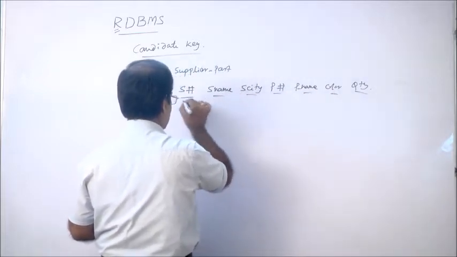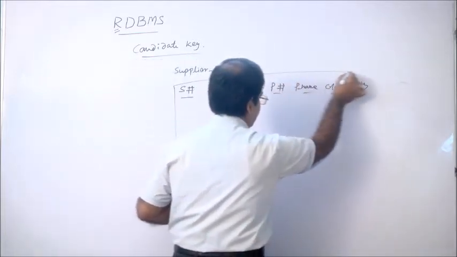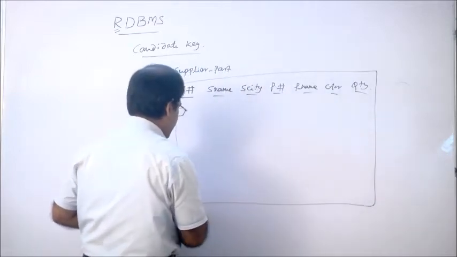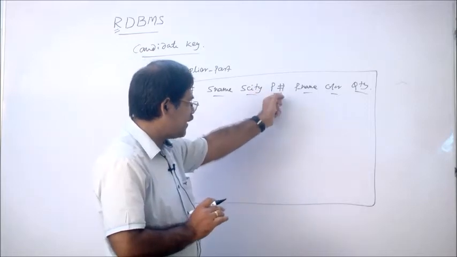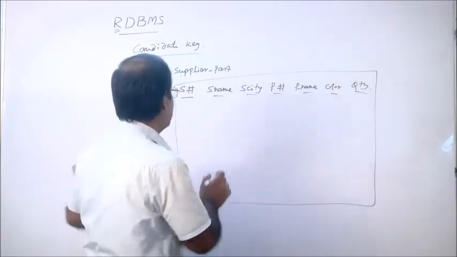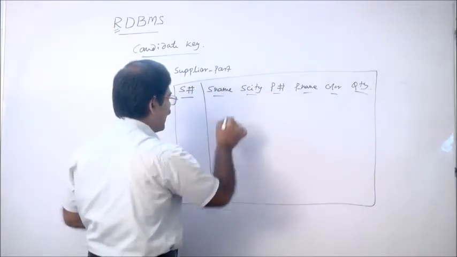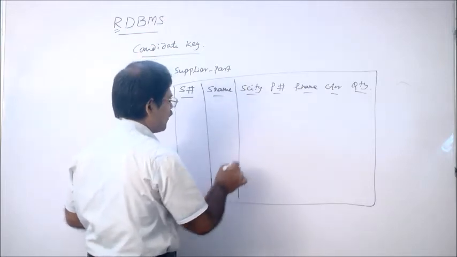Let this be the table. The details about the supplier and parts are given: which supplier supplies which part and how much quantity. A particular supplier supplies a particular part in a particular quantity to a particular project.